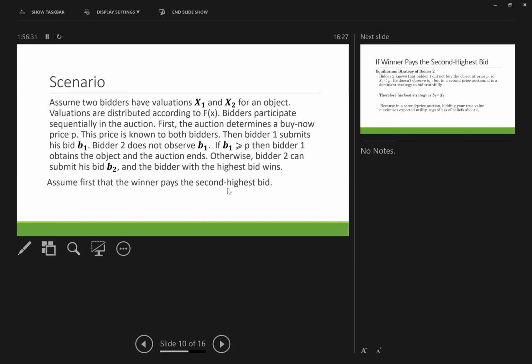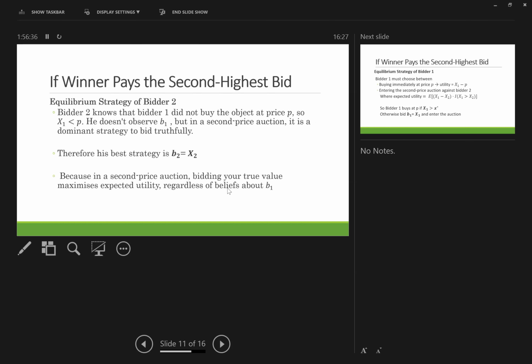So we are trying to see the equilibrium strategy for Pastor Fred. The first point is that Pastor Fred knows that once the opening has come to him to bid, it means that King did not pay the price. So in Pastor Fred's mind, he knows that King's value is less than the price that the auctioneer is giving out.